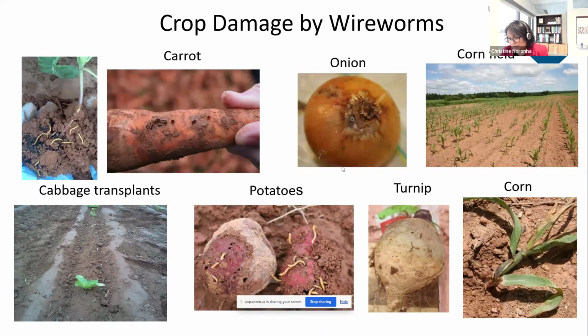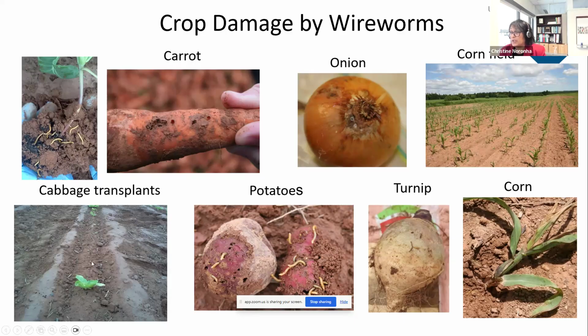Another aspect of this insect is that it has a very wide range of hosts. It feeds on, I just have a few here, cabbage, carrots, onions, potatoes, rutabagas, and corn.